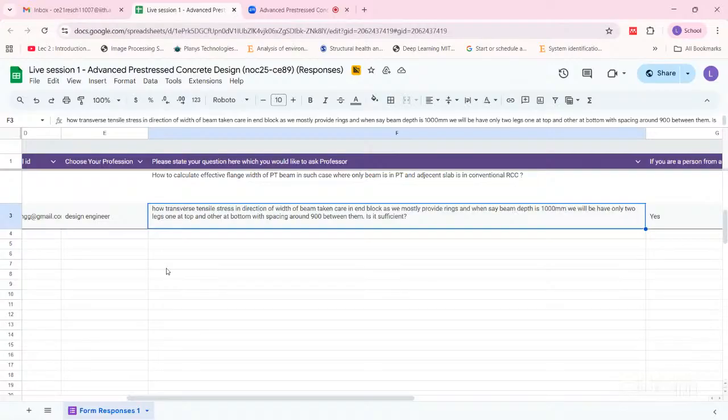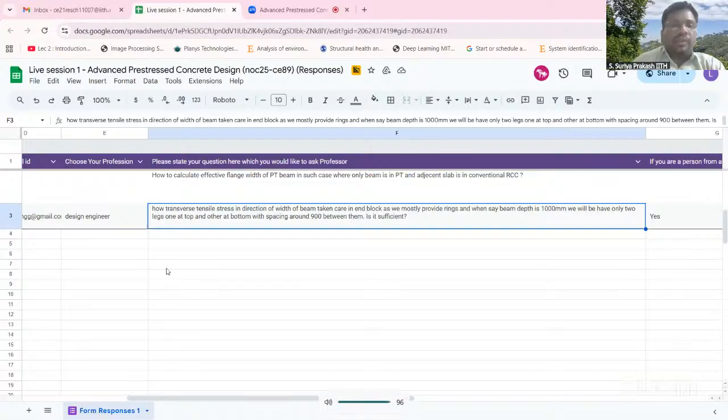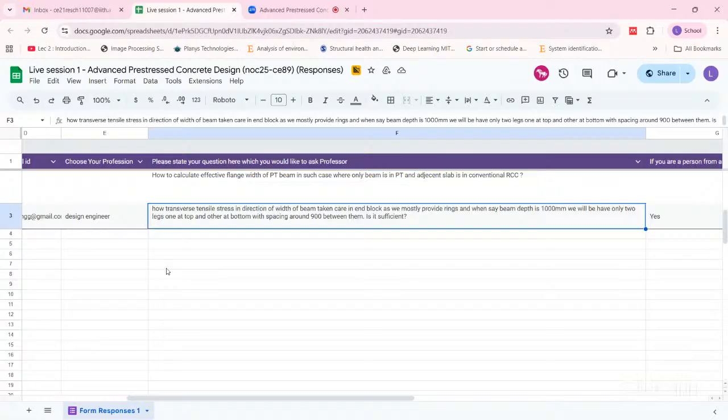No, sir, normally when we design an RCC column, there is a restriction for the spacing of vertical ties and lateral ties along the depth of the column to control these transverse tensile stresses. Yes, in the same way, whatever horizontal and vertical mat we are providing, if it is going to be wider, how many layers we need to put is the question.